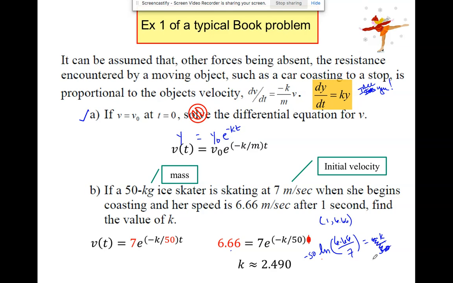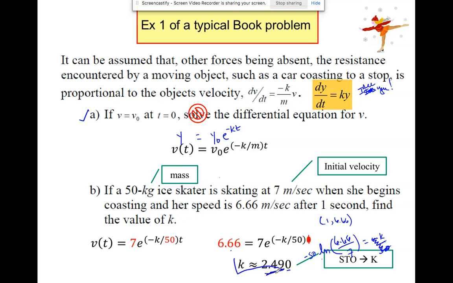And that's how I got k to be 2.490. I wrote down 3 places past the decimal, but I used my calculator to store all the degrees of accuracy because k is not the final answer.